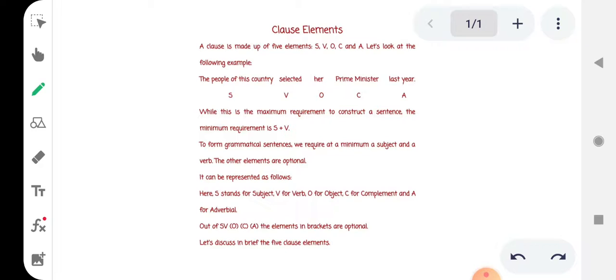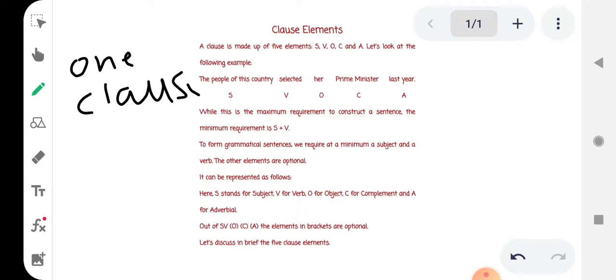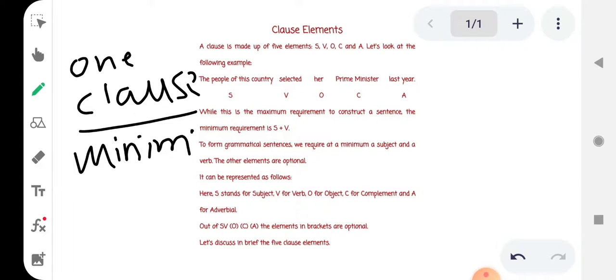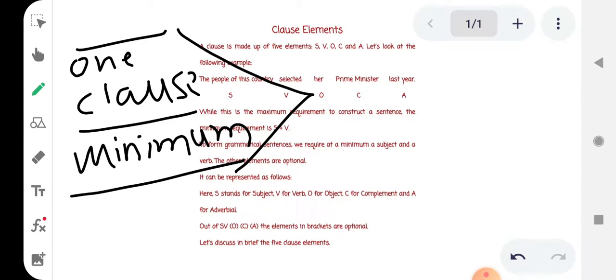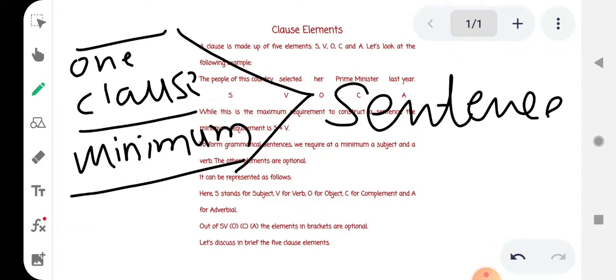That means in a sentence there should be minimum one clause. One clause is essential in a sentence. If there is a minimum of one clause, then it becomes a sentence. Okay?